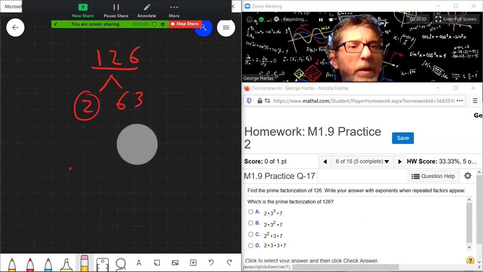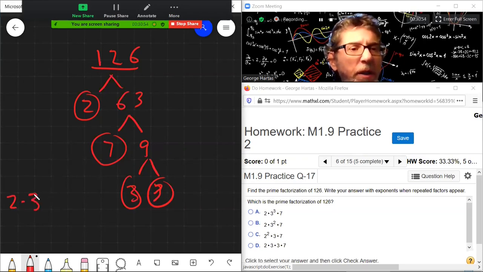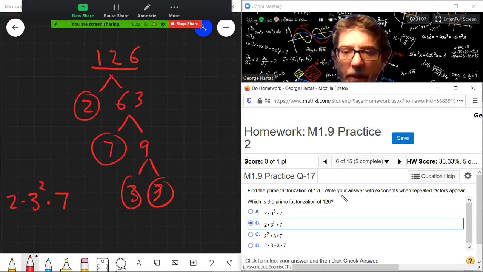Quick and dirty. 63 you said is 7 times 9, correct? 3 times 3. So let's write this out in exponential format. So let's start with the lowest number, 2 dot, we have 2 3s, so 3 to the 2nd power dot 7. So let's see which one matches. Is it A? Nope. Is it B? B looks like the winner, right? Looks like we got B.